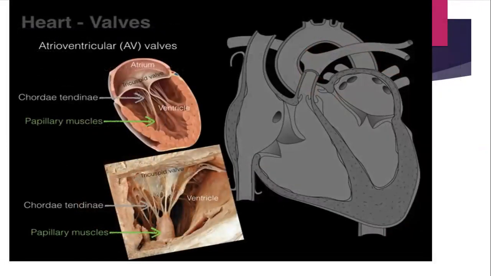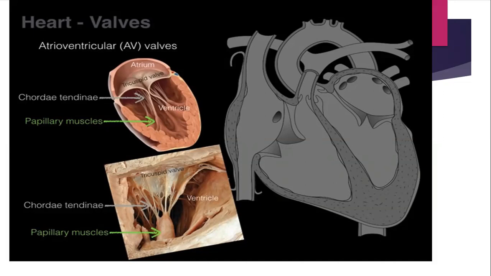So we have the heart valves. We have the atrioventricular valves. That is the tricuspid valve. The tricuspid valve is an atrioventricular valve, which has chordae tendineae.